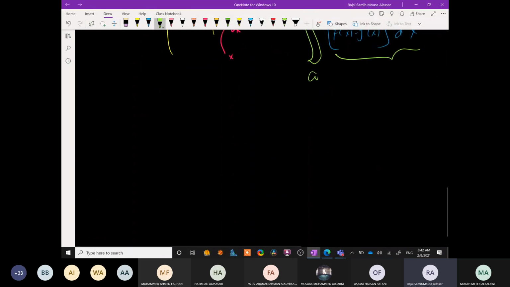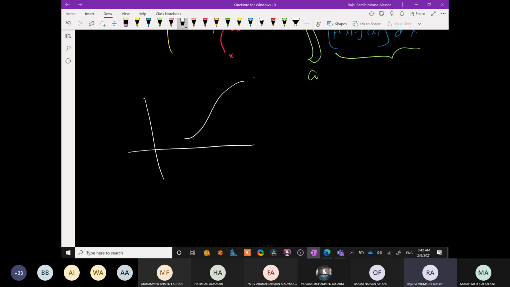Okay, let me give you a different situation. Suppose now you have this function, which is f, and this is a g function. Okay, and I want to find the area. Let's say that this is a and this is b between them. So what am I going to do? Okay, I'm going to get a rectangle, yes or no? So this is a rectangle.